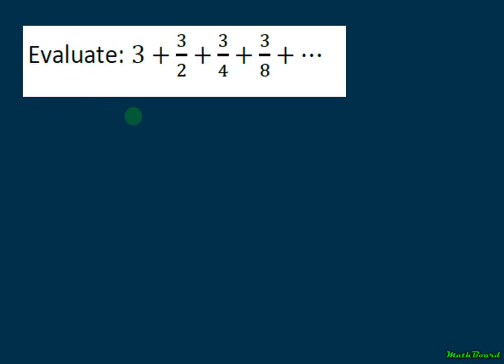Evaluate 3 plus 3 over 2 plus 3 fourths plus 3 over 8. So if we check the difference, they do not have the same difference. But if we check the common ratio, we can see that a common ratio exists. So that is 3 over 2 divided by 3, that is 1/2, because 3 times 1/2 is 3 over 2.